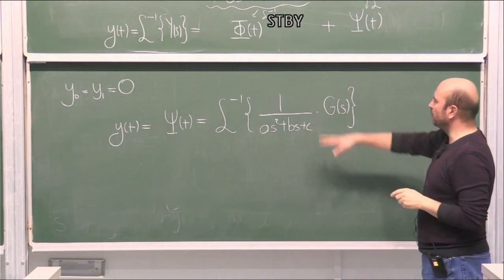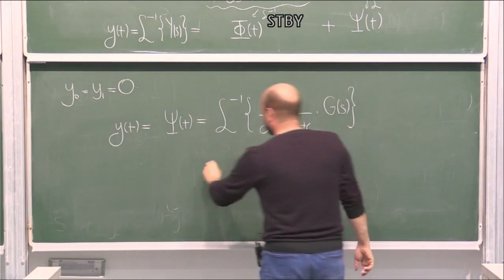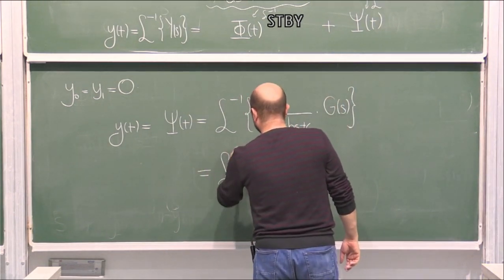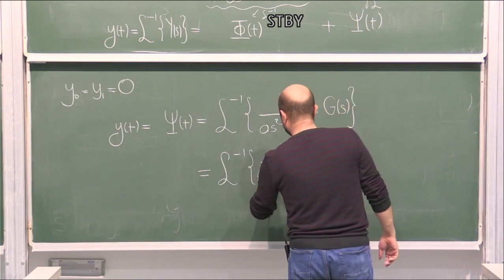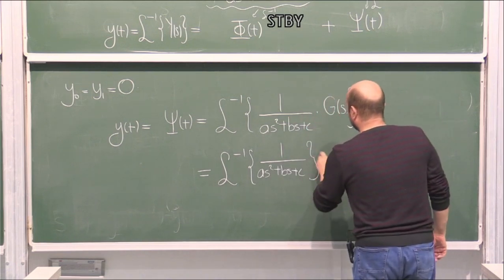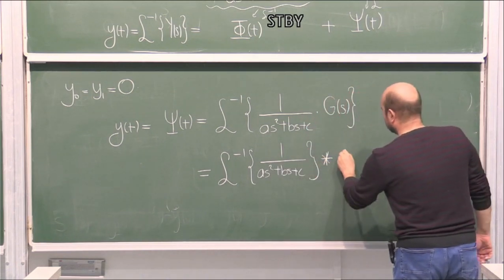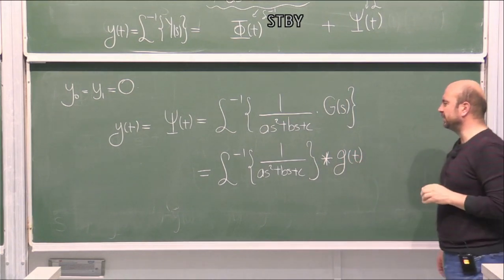But since this is a product, I can write this thing in the following way: L inverse of 1 over a s squared plus bs plus c convolution g of t. So what do I understand from this?